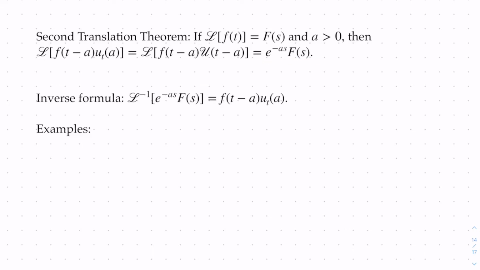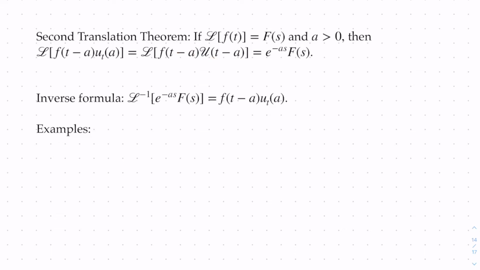Basically, you're just multiplying the Laplace transform of the function without the a by e to the negative as, and that's pretty much all you are doing here, right?